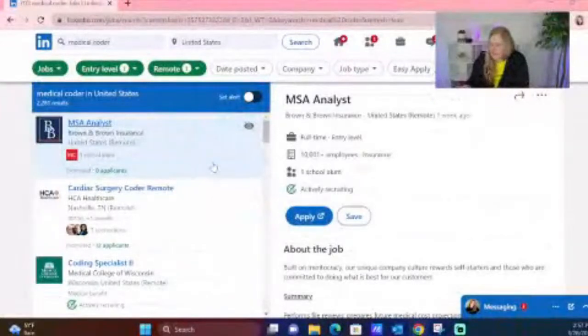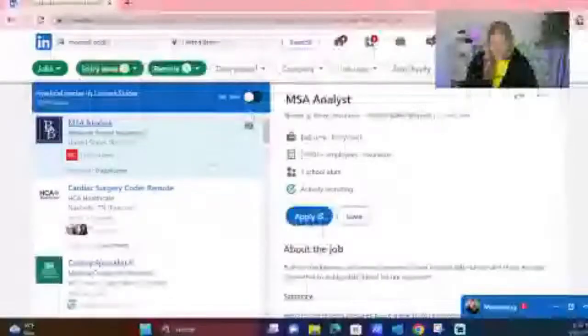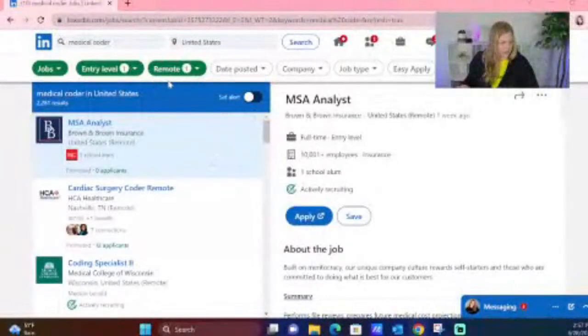Now, one thing I will say, I thought it would be cool if you could search CPC-A and just find jobs that are for CPC-As, but apparently it does not work that way, because someone informed me that if you go into Indeed or LinkedIn and search CPC-A, it will also pull in the positions that say no CPC-As. So that unfortunately doesn't filter. But the best we can do right now is use some of those settings within the platforms to filter for the entry level positions.